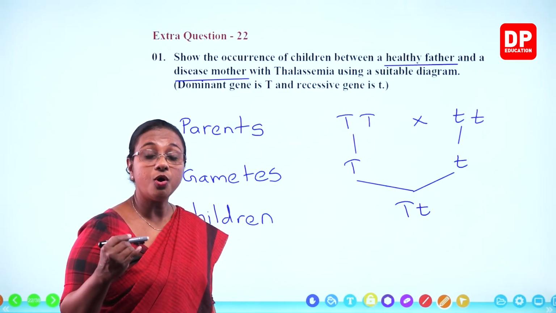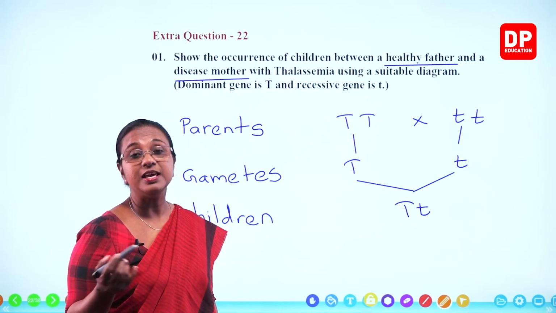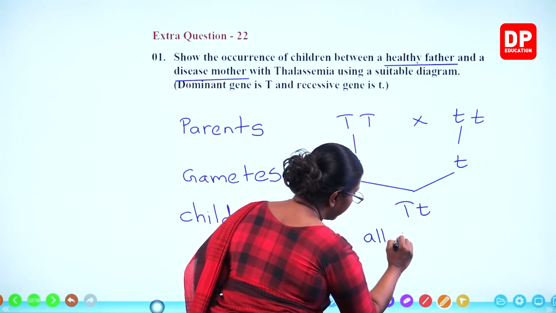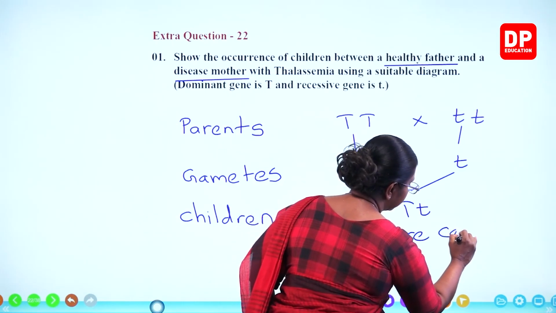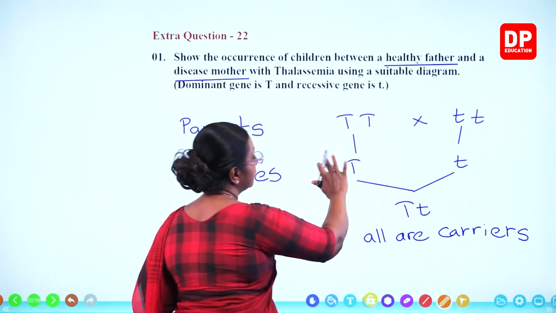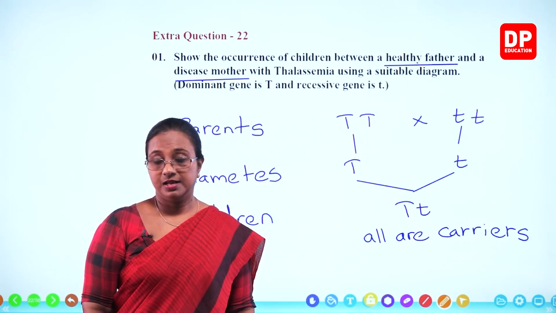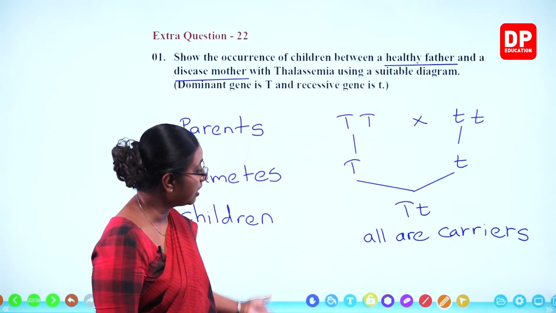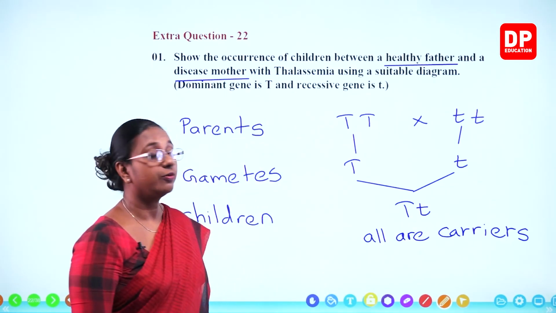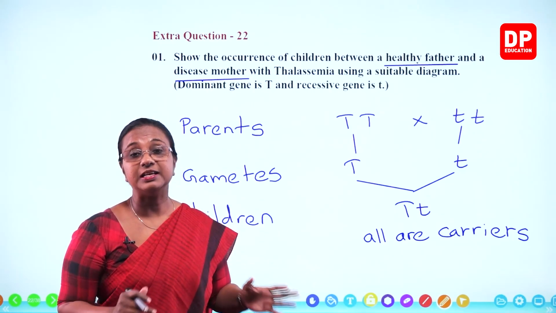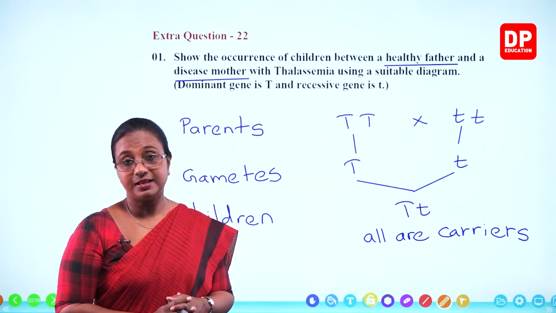That means all the children are going to be carriers. So you have a healthy father, a mother with the disease thalassemia, and all the children are going to be carriers. They can be sons, daughters, doesn't matter. All of them will be carriers.